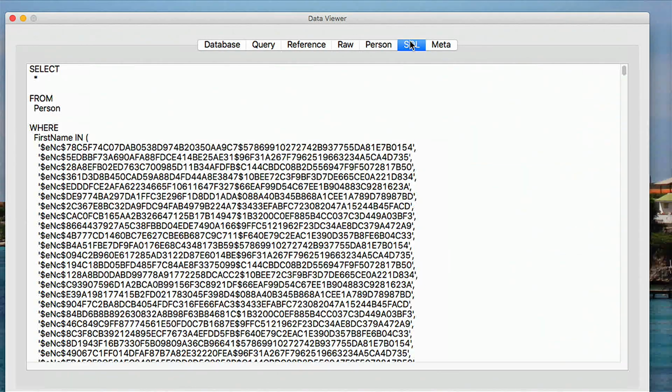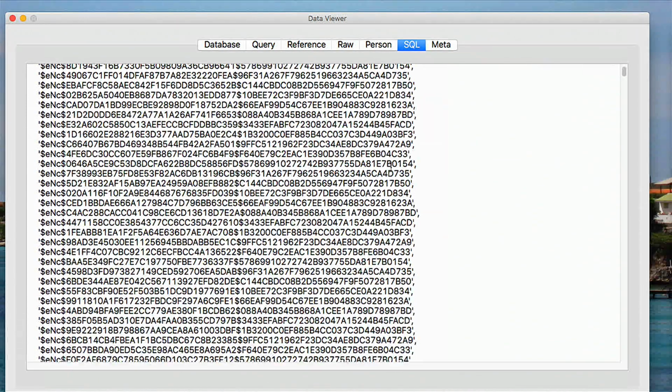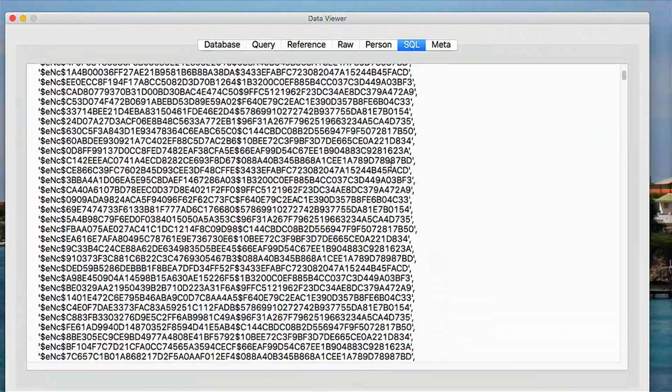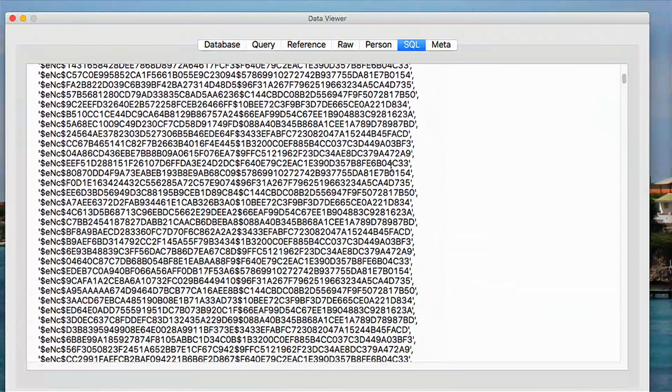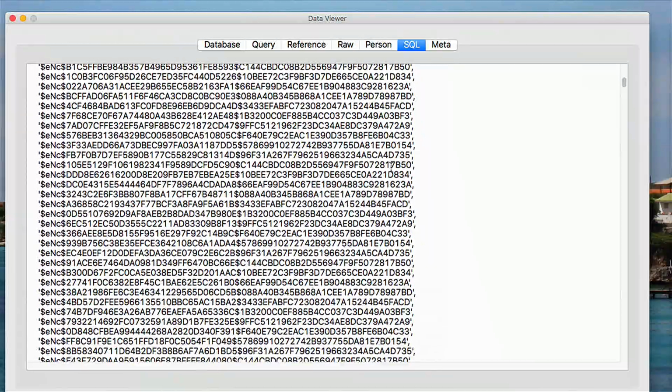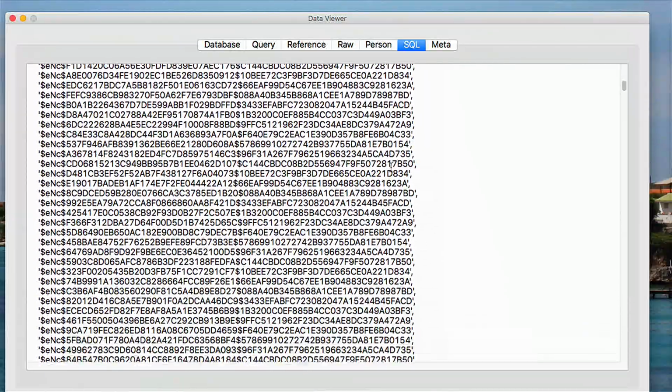What does that SQL look like? Well, as you might imagine, it's the first name in any of those, because it's doing the meta that starts with ED.